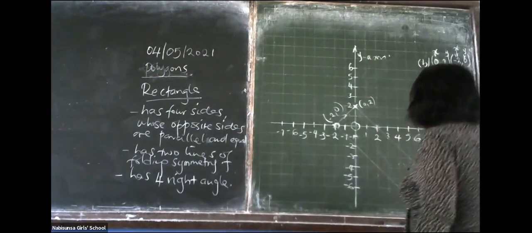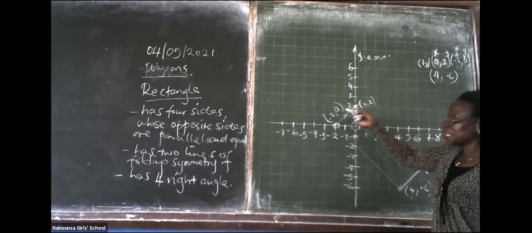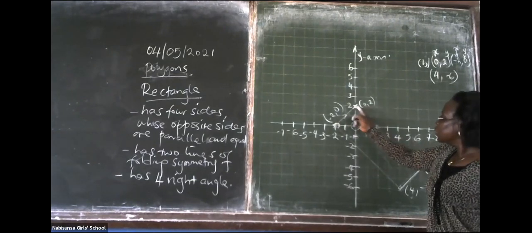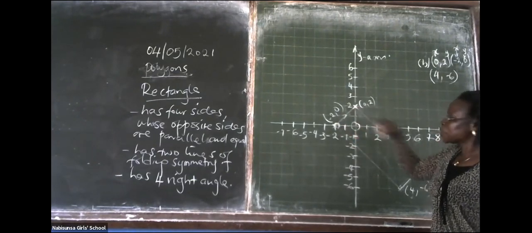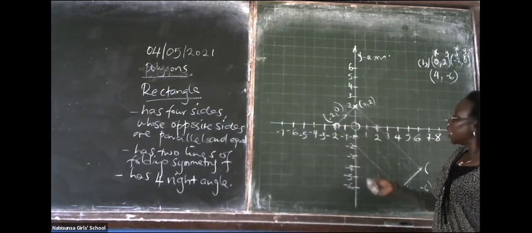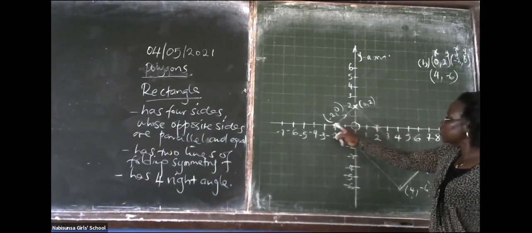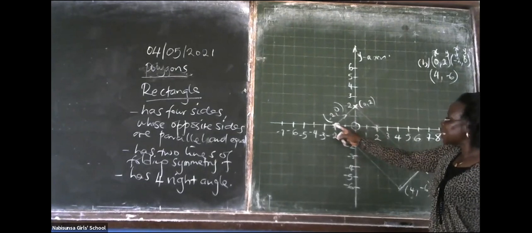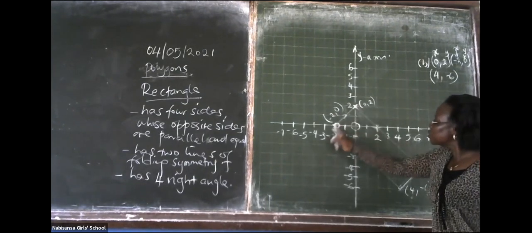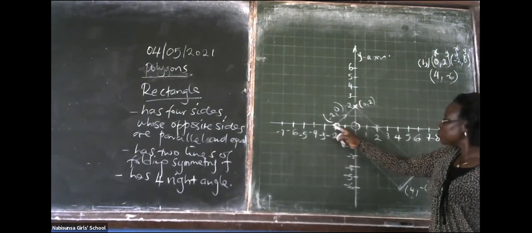Now, the last point, we'll get it by using the properties of a rectangle: the opposite sides of the rectangle are equal and parallel, and all the angles are 90 degrees. So when we join this point to that one, the other line we draw from the first line has to make an angle of 90 degrees at that point.